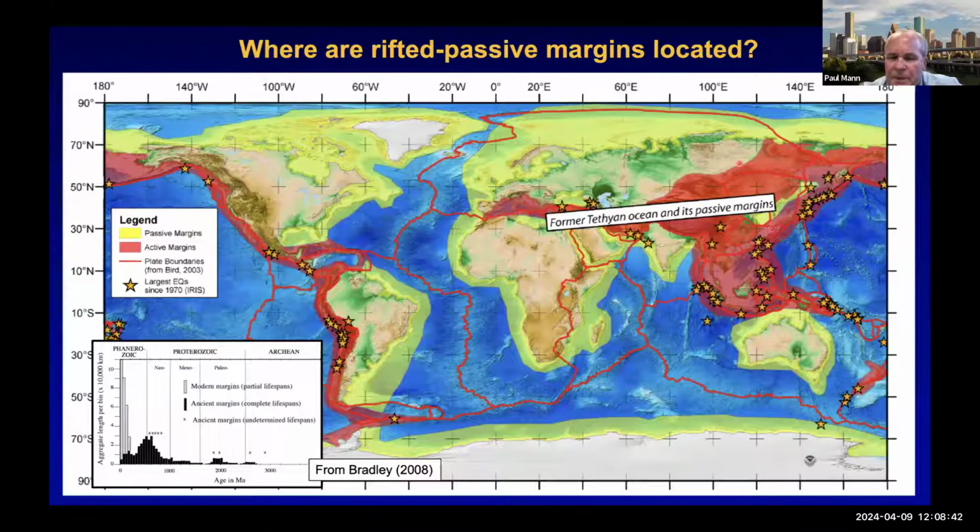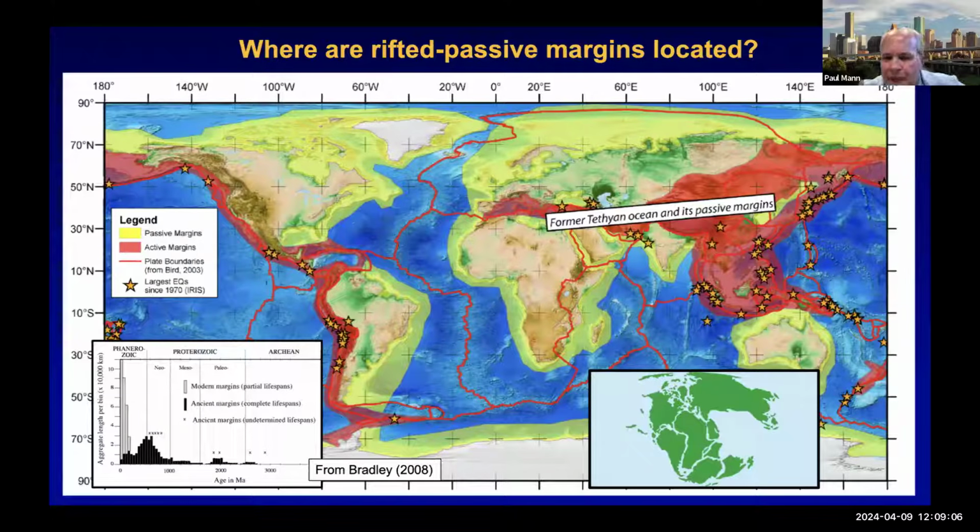So Tethys has become an active margin, while the Atlantic has become a passive rifted margin. And these stars here represent earthquakes. So these are areas that are all tectonically active. Today we're going to focus on these margins in the Atlantic and the Gulf of Mexico, which pretty much have formed since the Jurassic to the recent time.